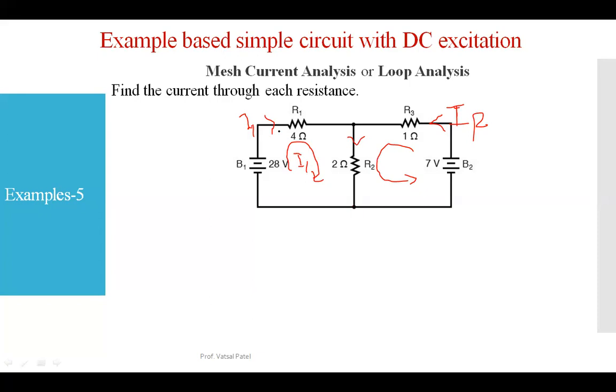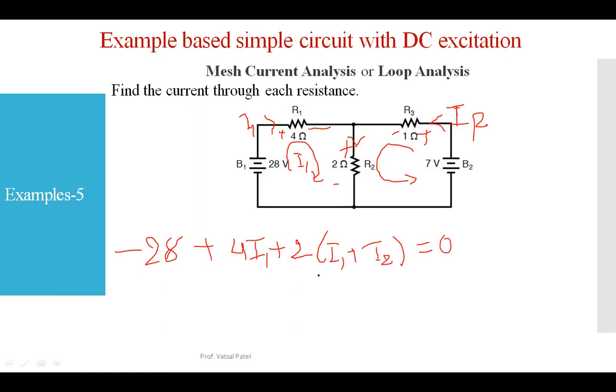When you put the polarity, minus, plus, minus, like we discussed in the previous session, and write the first equation, we can write minus 28 for the first loop, minus 28 plus 4I1 plus 2 into I1 plus I2 is equal to 0.